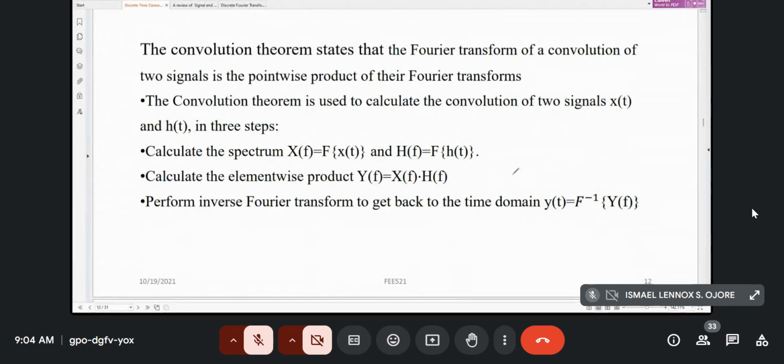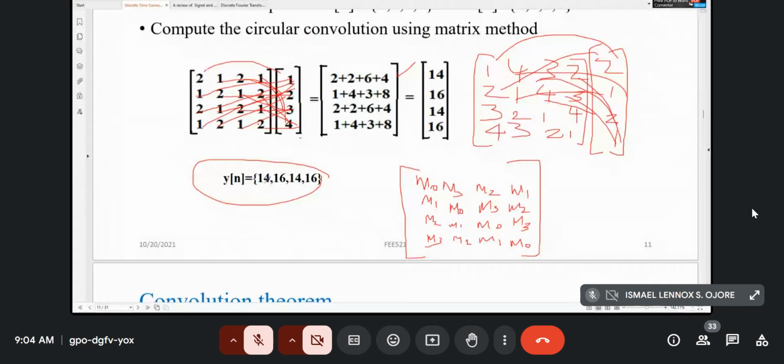Even for the computer to do a convolution directly, the complexity is quite high, especially because although we are showing sequences of 4 samples, in real systems you don't work with 4 samples.